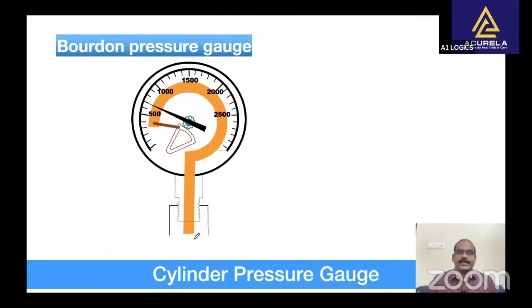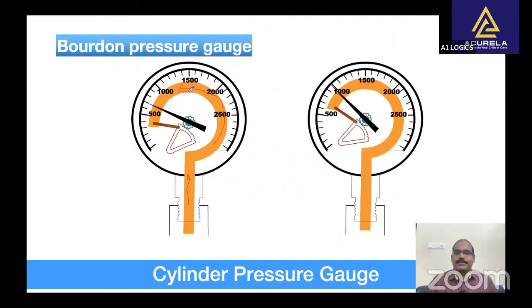Many indicators are of the Bourdon tube type as shown here. A hollow metal tube is bent into a curve, then sealed and linked to a clock-like mechanism. The other end is connected to the gas source. An increase in gas pressure inside the tube causes it to straighten.